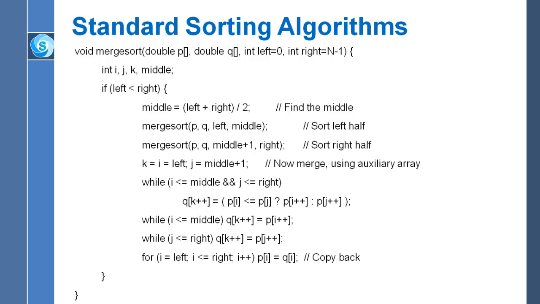And so then it's just a very simple matter of using this very last for loop to copy from the auxiliary array straight back into the original array. Okay? And you end up with that portion of the original array from left to right sorted. Hope that made sense. Look at the code until it does.